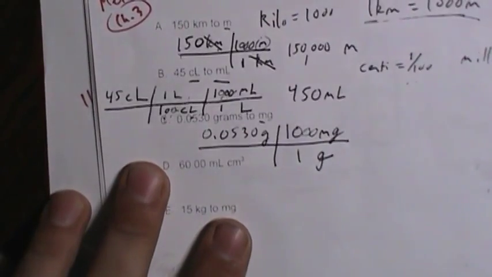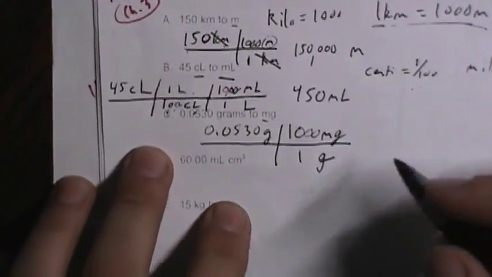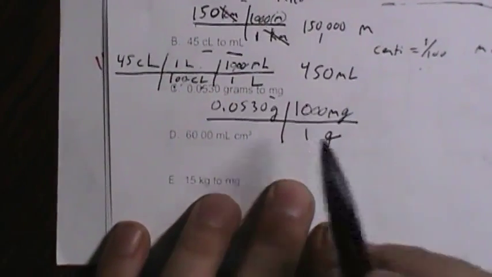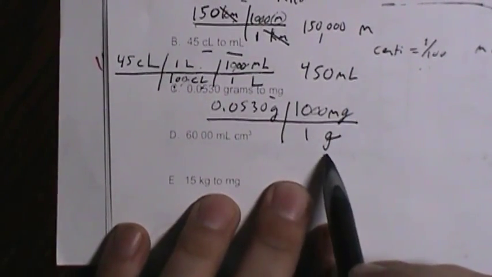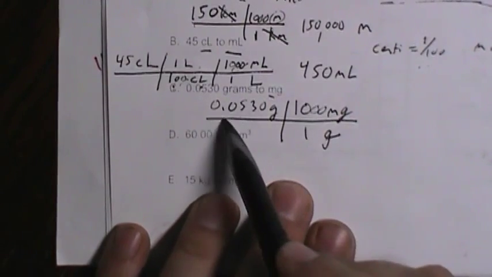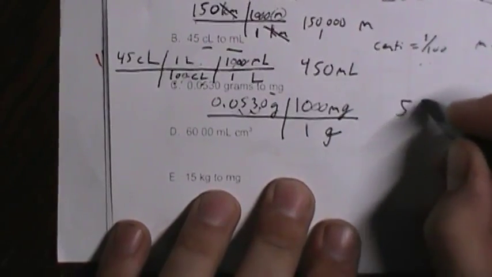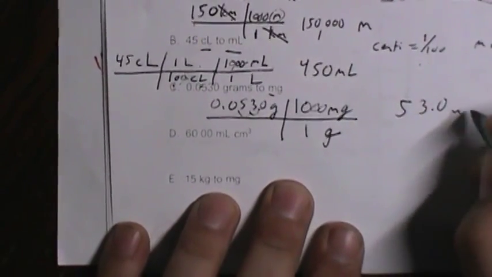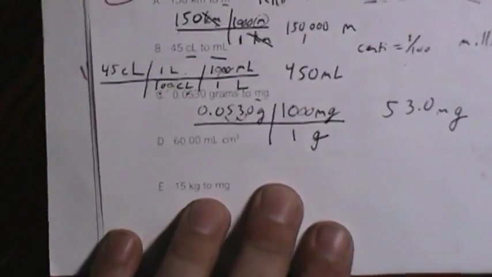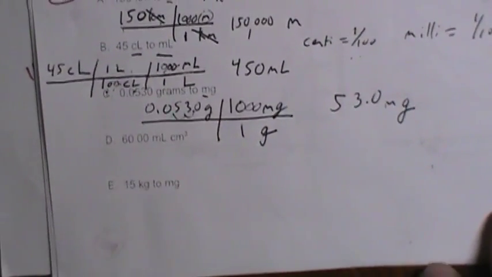Again, this is because a milligram is 1/1000th of a gram. And I flipped the conversion factor. Now, this is just a one-step problem. I am going to move it 3 zeros over, so 3 decimal places, 1, 2, 3, and I'm going to get 53.0 milligrams. A more convenient number than saying 0.0530.